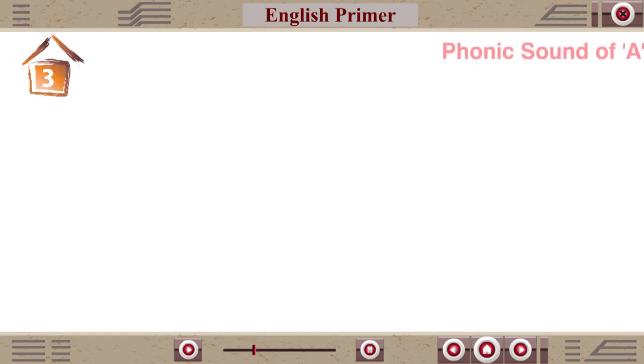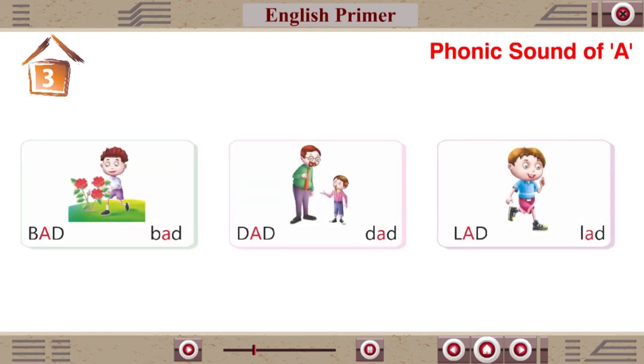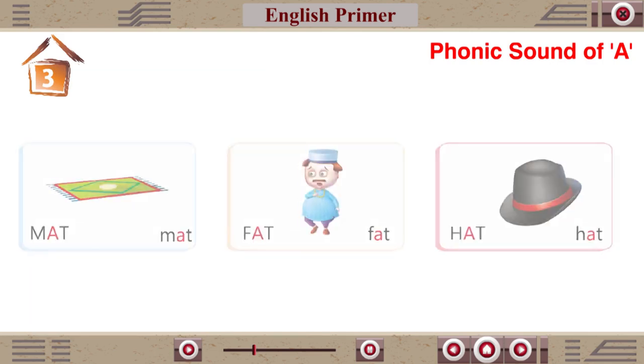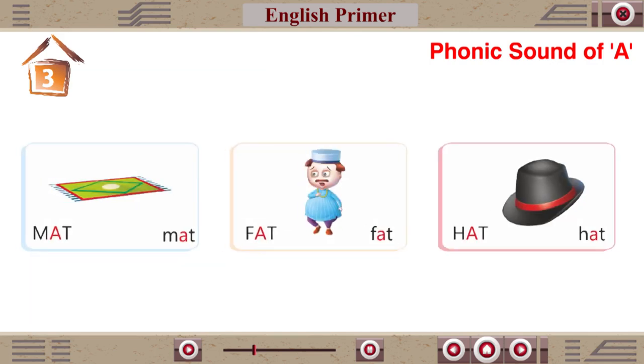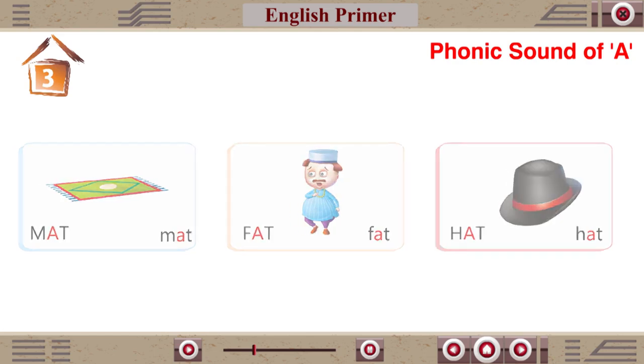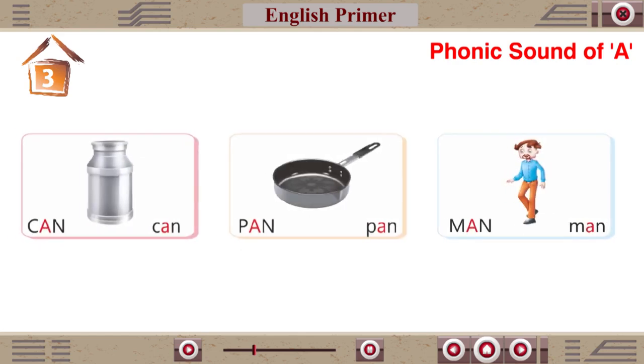Chapter 3. Phonic sound of A. Bat, dad, lad, mad, fat, hat, can, pan, man.